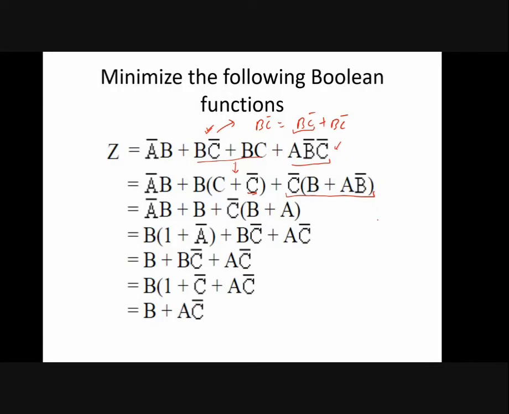So using the formula A plus A bar B equal to A plus B, we will have B plus A. Now A bar, from these two terms, taking B outside, 1 plus A bar will be 1.